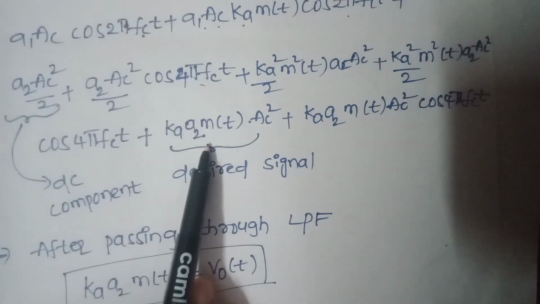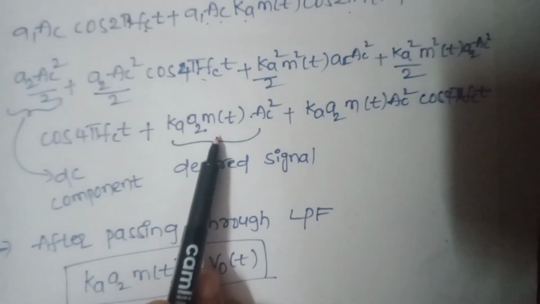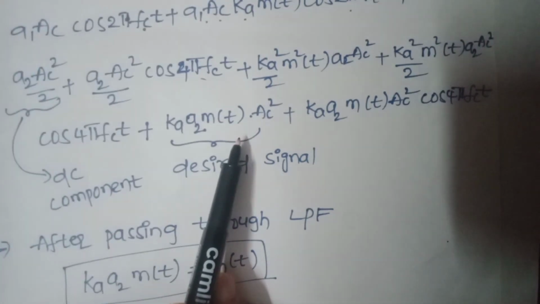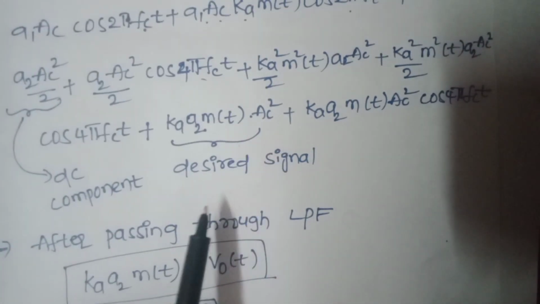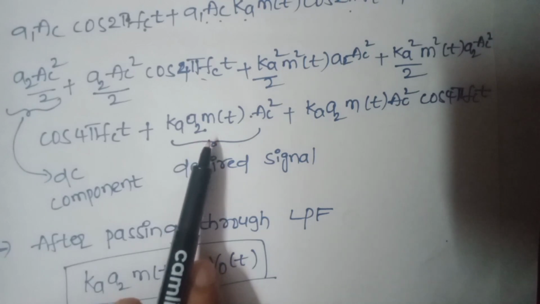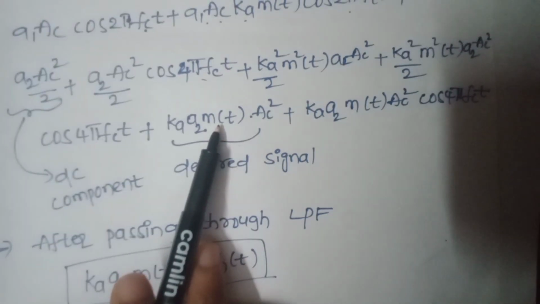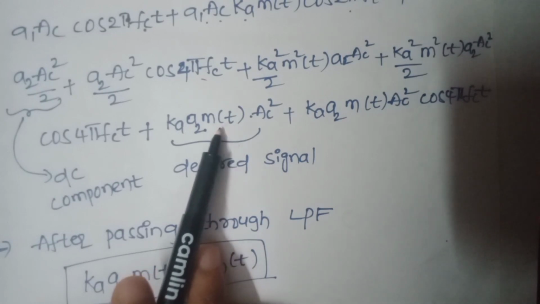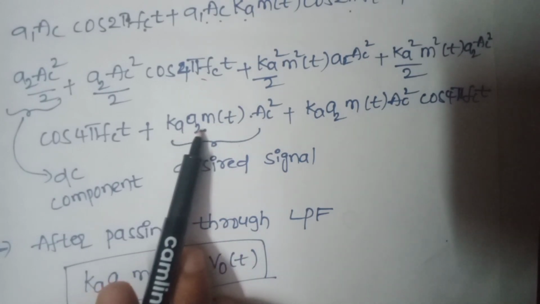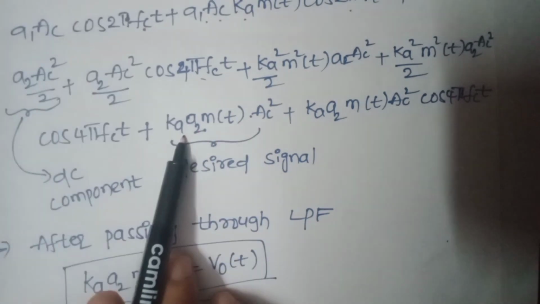Okay, so we only have the output v0(t), that is the output of the LPF, which is ka a2 m(t) ac². This is nothing but m(t) multiplied by some scaling factor, that is a2 ac² ka. Is that right?